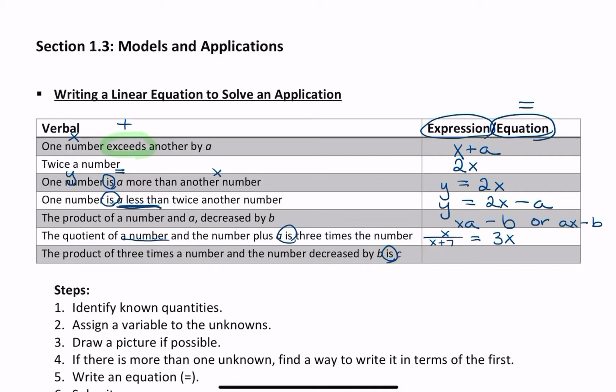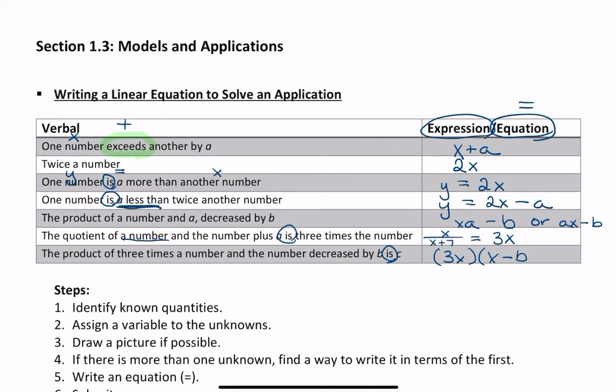And then the last one is the product of 3 times a number and the number decreased by B is C. The product of 3 times a number would be 3X and the number decreased by B. So since we're doing a product, we're going to multiply that. I'm sorry, it's decreased by B, not 3.